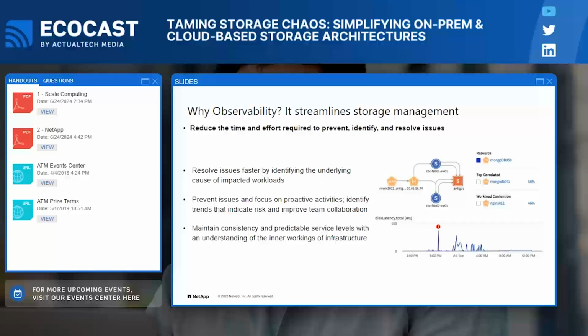We can see our VM through the hypervisor and the switches, and back to the storage. We understand what resource we might be looking at, what's correlated. And then we're also going to surface what's in contention, right? When I talk about resources in contention, I mean workloads in contention of a shared resource. This is what I'm showing you. It's bubbling up here.